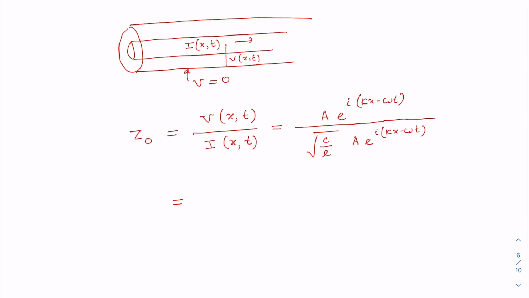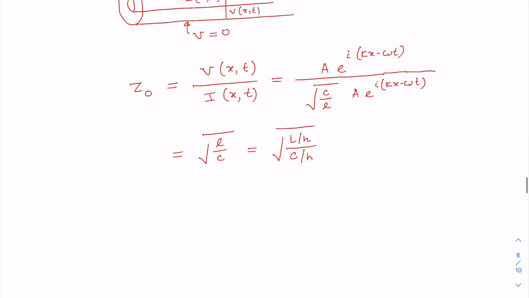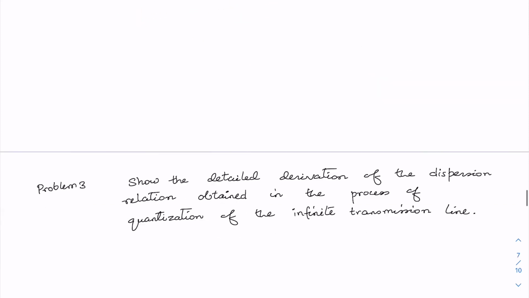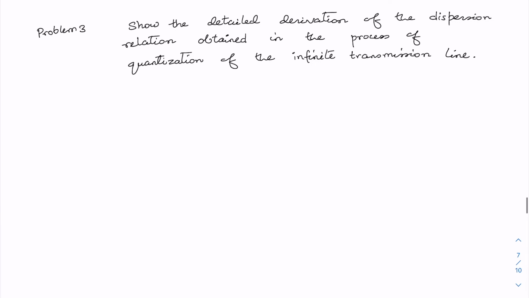Therefore Z0 I can write as square root of small l by small c, which is the total inductance per unit length over the total capacitance per unit length. So generally, this characteristic impedance is written as square root of capital L by capital C. This is the well-known expression for the characteristic impedance of a transmission line. Let us now work out this problem.